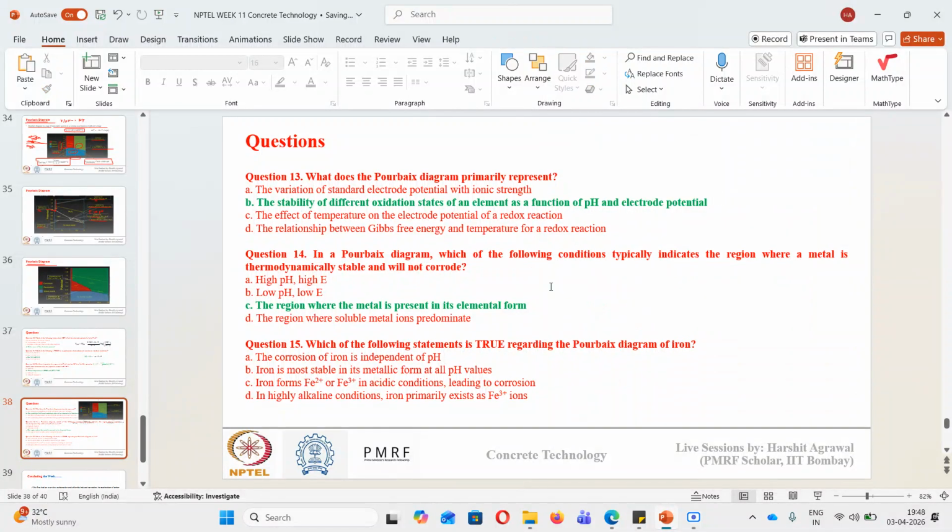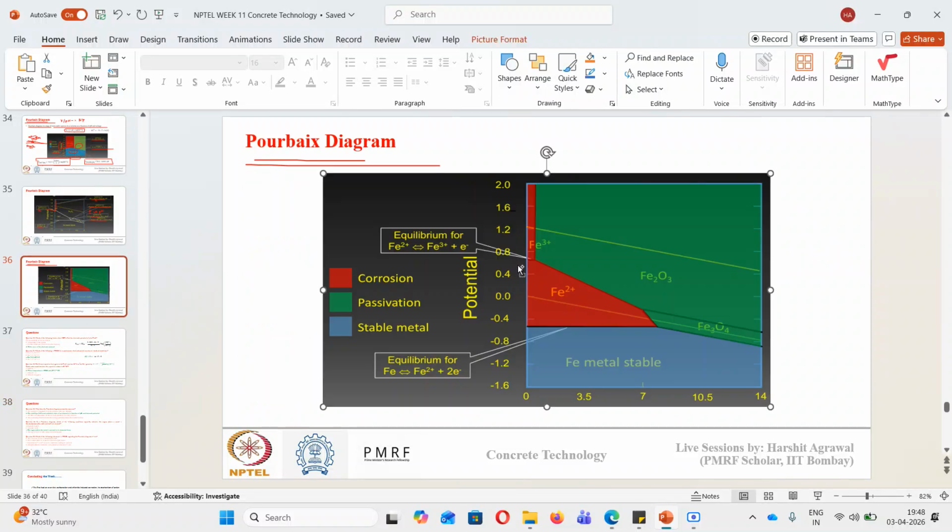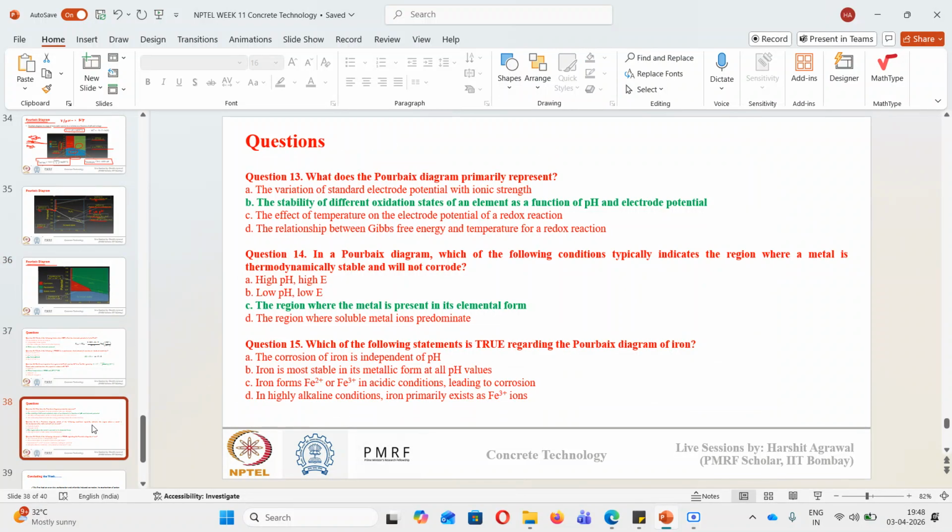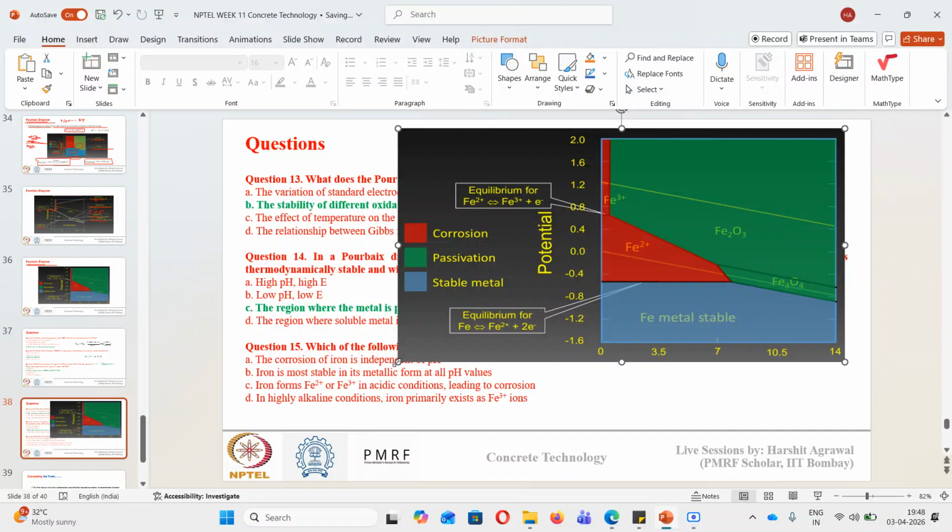Okay, last question: which of the following statements is true regarding the Pourbaix diagram for iron? If I show you the Pourbaix diagram for iron again, which statement is true?